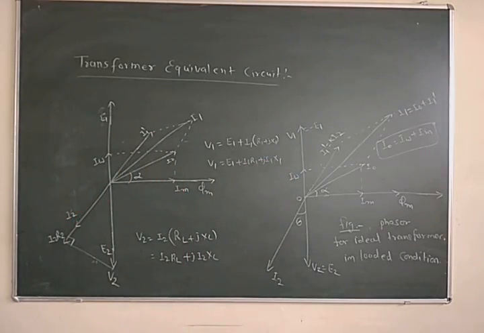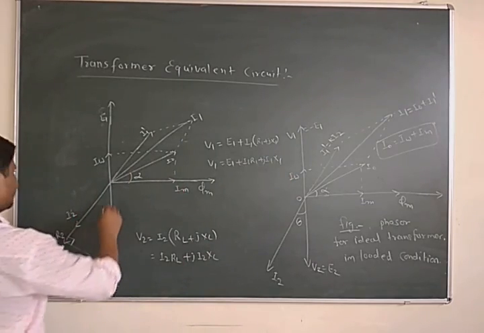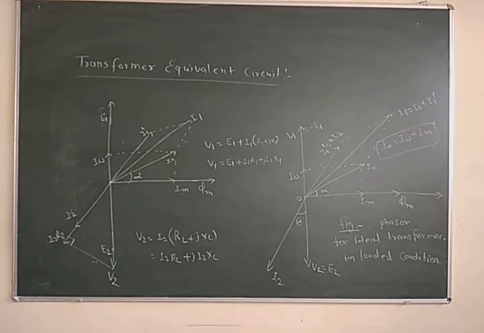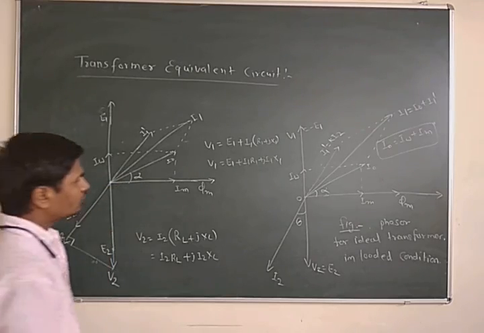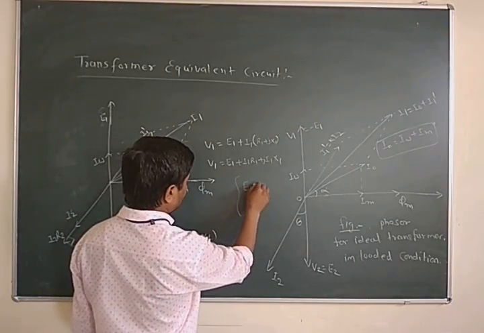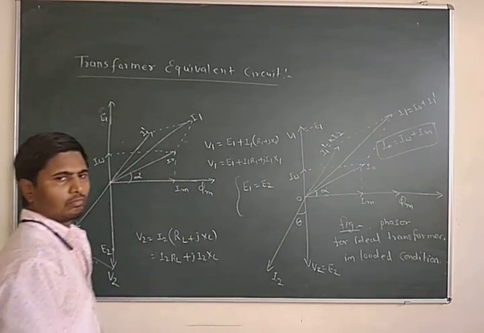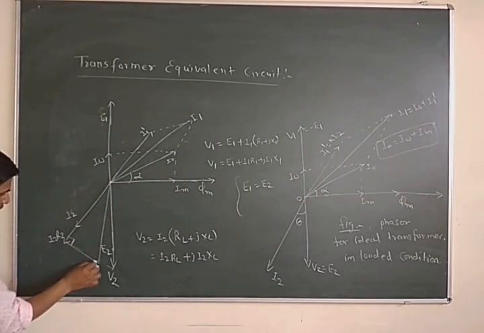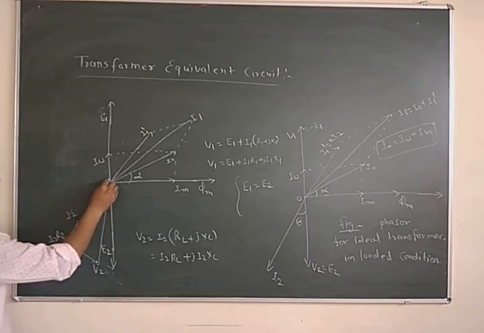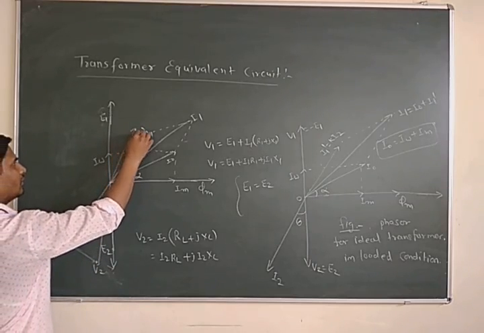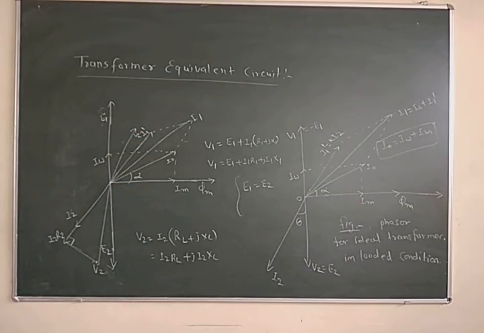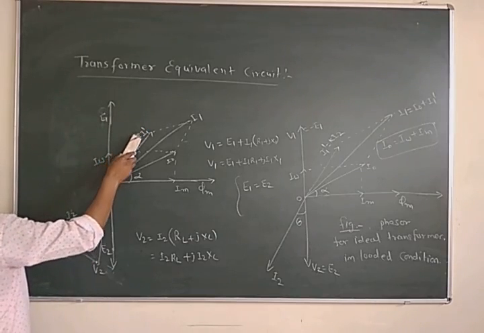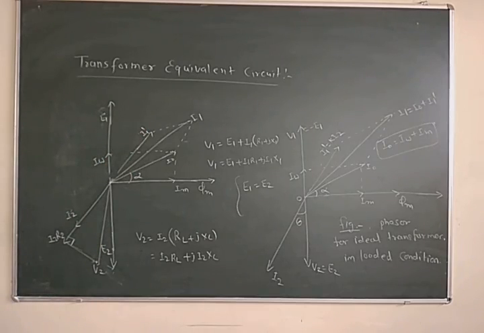So similarly to V2, we can draw the phasor diagram for V1 also, and E1 is equal to E2. If V2 is here, then the projection of V2 is here towards the primary side. In this way we can draw both current and voltage phasors for a practical transformer.